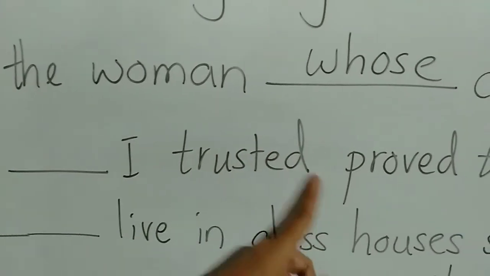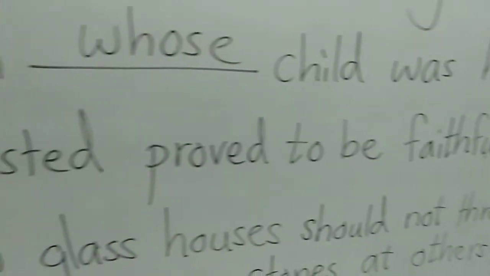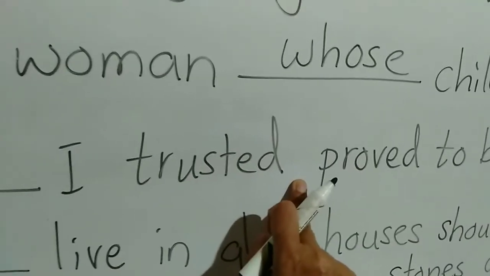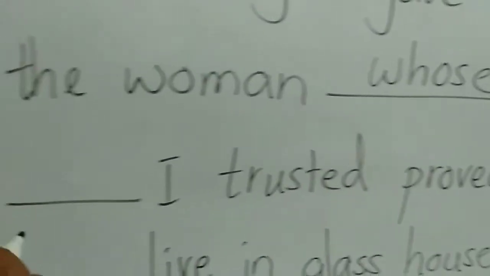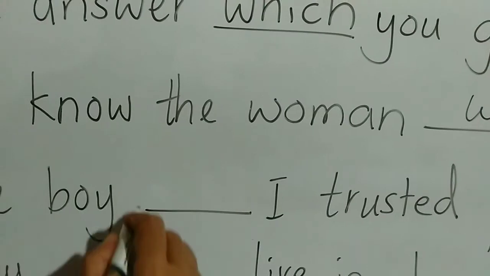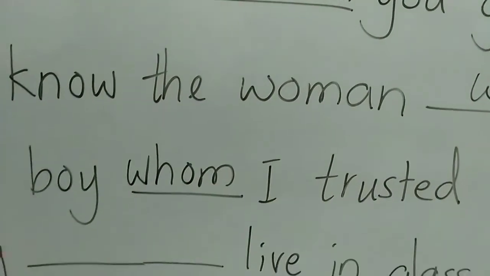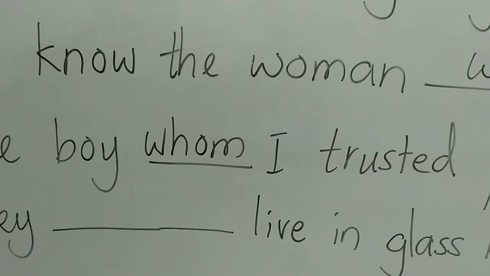The boy proved to be faithful. Then here this boy has become the object of the sentence. Then what is the relative pronoun you put? Whom.